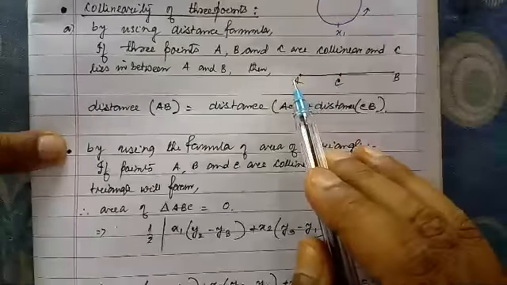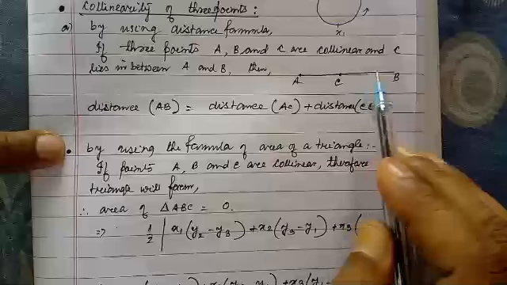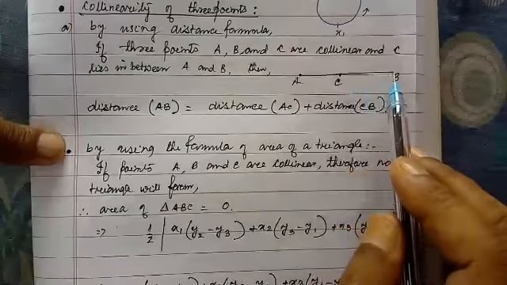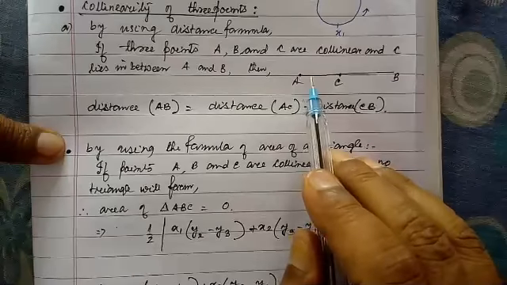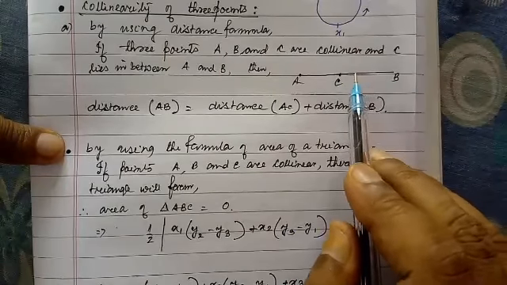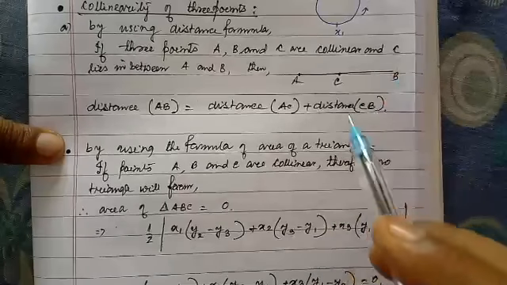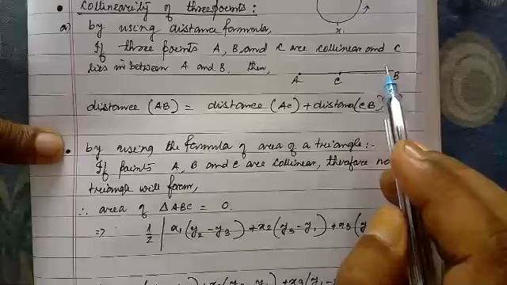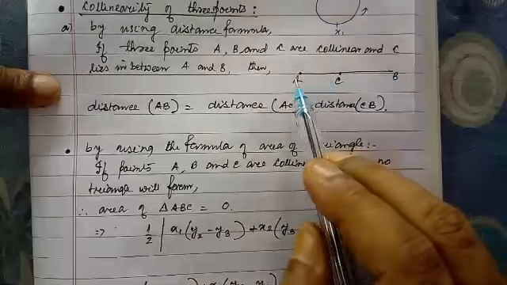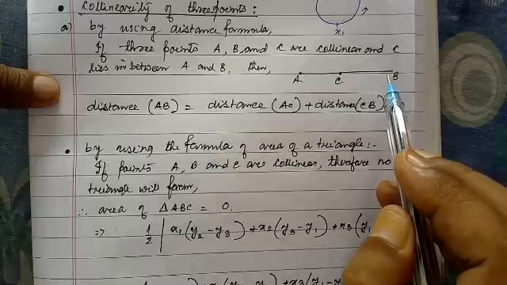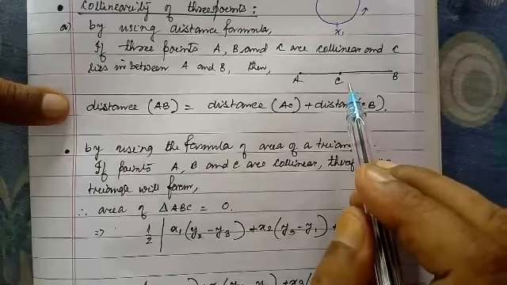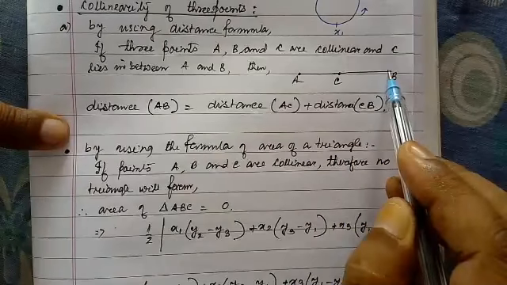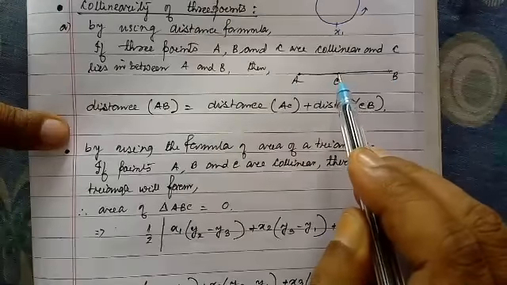Suppose there are 3 points A, B and C, and C lies in between A and B. If A, B, C are collinear, that is, all 3 points lie on the same straight line, then the distance AB is equal to AC plus BC.